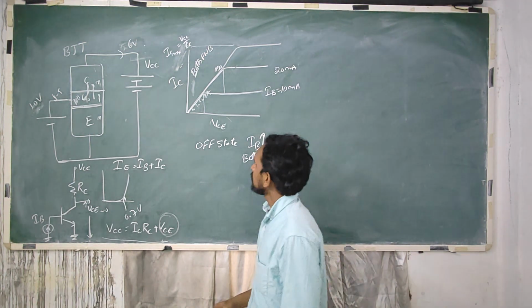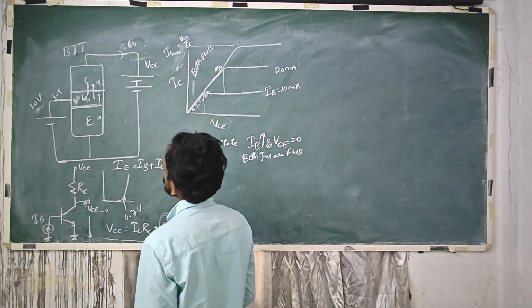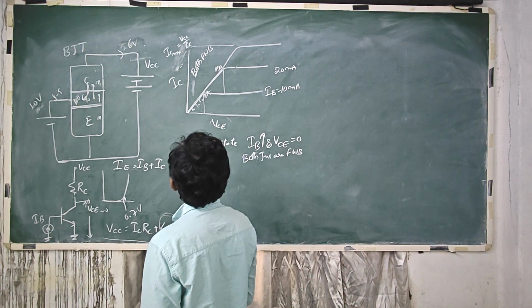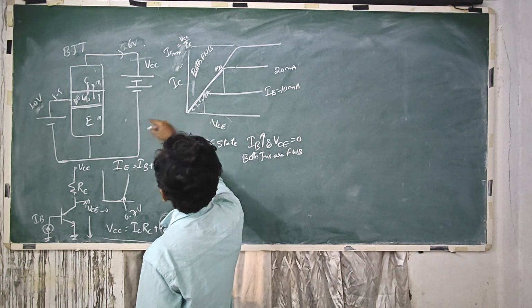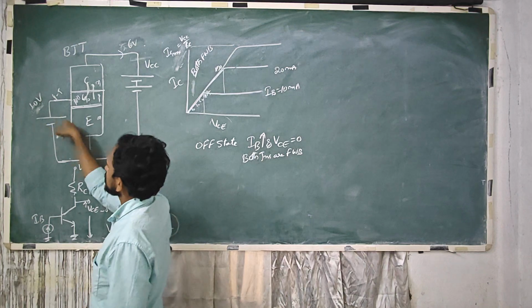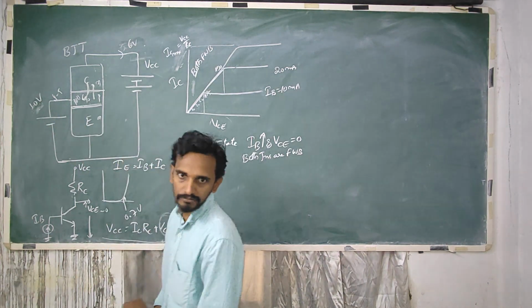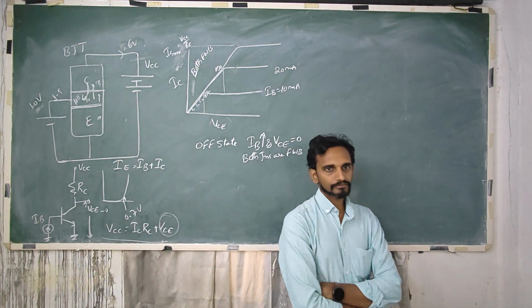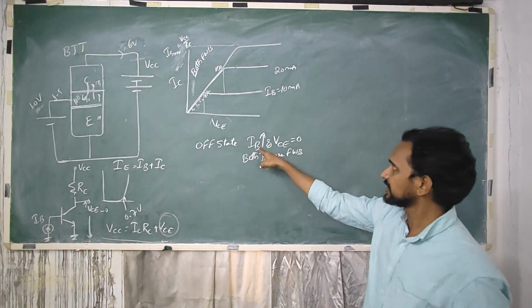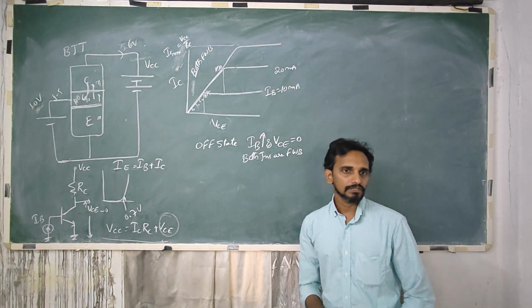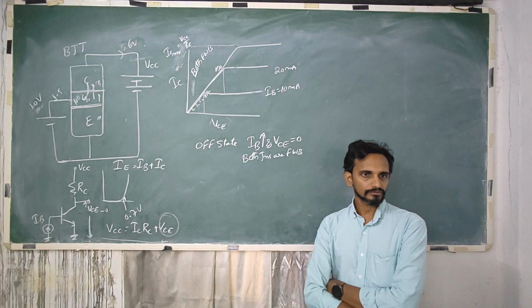Next condition, if I disconnect this, if I make IB 0, so I'm going to the other extreme. Here IB is very high, the other case is if IB is 0.